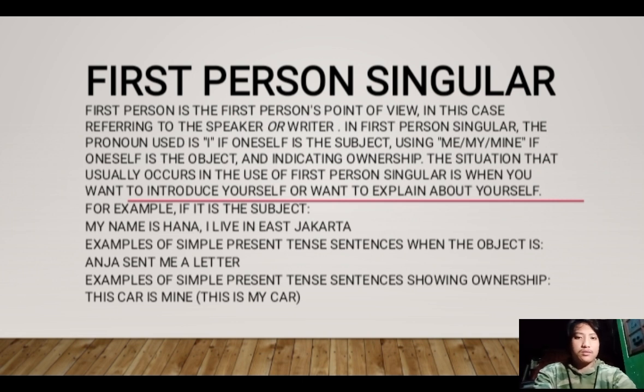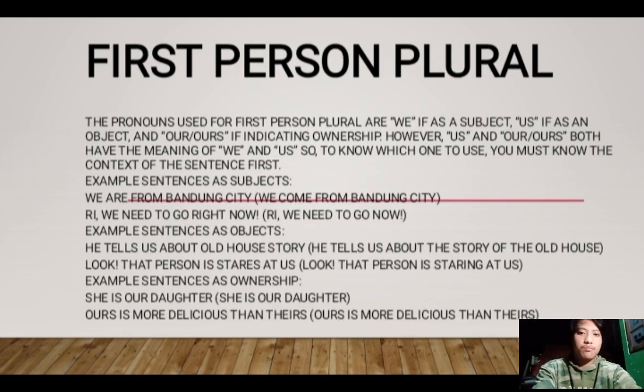This is my car. First person plural. The pronouns used for first person plural are we if as a subject, us if as an object, and our or ours if indicating ownership.